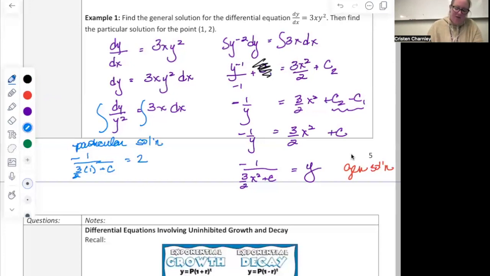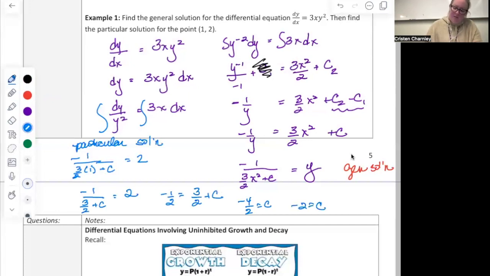So if I rearrange this a little bit, I've got negative 1 over 3 over 2 plus c is equal to 2. I'm going to multiply by the denominator on the left and divide by 2. So negative 1 over 2 is equal to 3 over 2 plus c. If I subtract 3 over 2 on both sides, I have negative 4 over 2 is equal to c, which is negative 2 equals c.